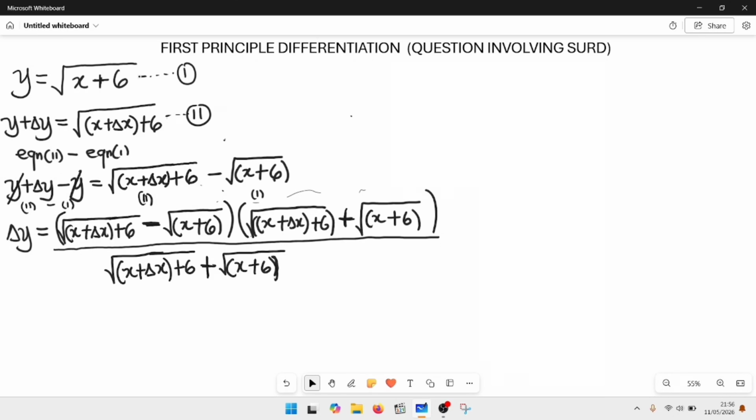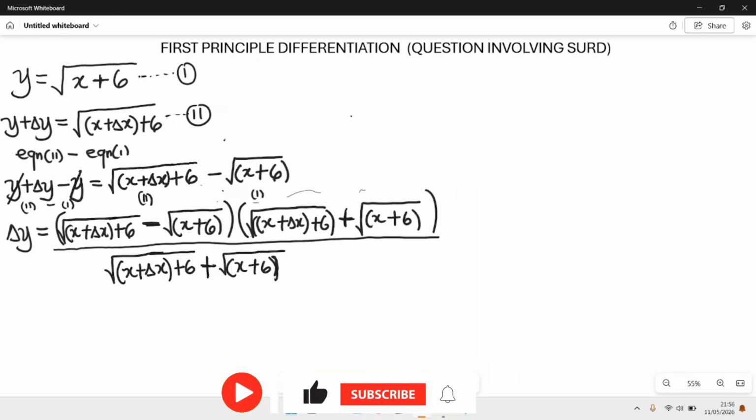So if we do that, what happens? You will see that this is now a difference of two squares. We're going to open the bracket. This one multiplies this one.